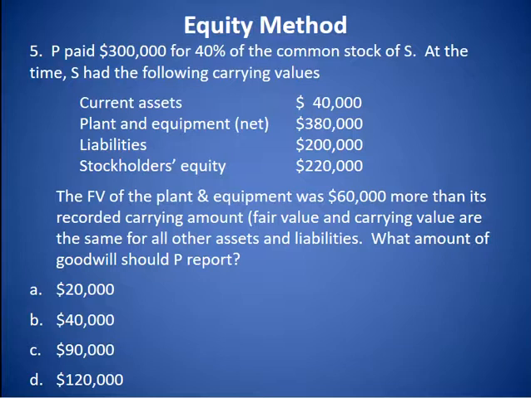Fair value and the carrying value are the same for all other assets and liabilities. What amount of goodwill should P report under this circumstance? So again, check out your choices, stop the video, and when you're ready to review the solution, go ahead and restart the video.